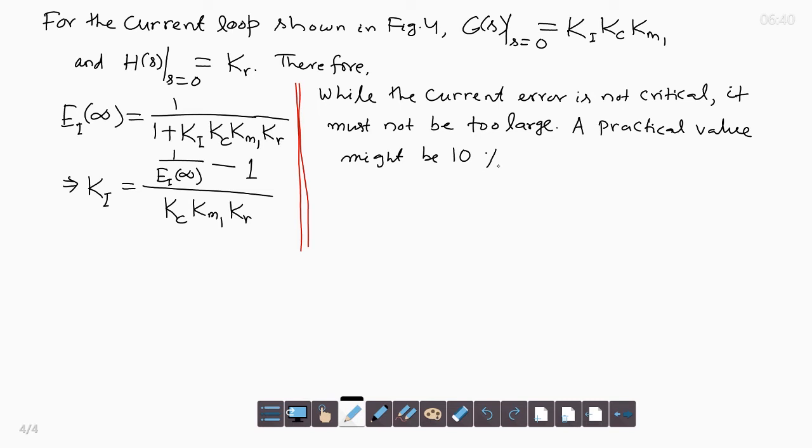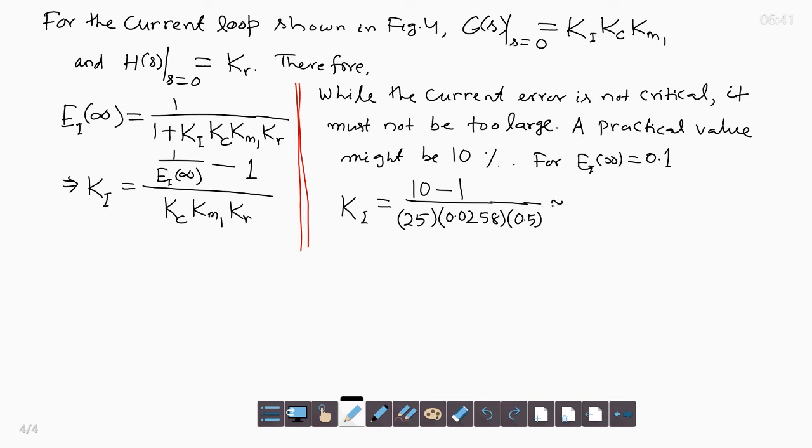While the current error is not critical, current can have larger error, still it should not be too large. So practical value of steady state current error is 10%. So for 10%, EI infinity is 0.1. Corresponding to that, current controller gain KI is reciprocal of 0.1, which is 10, minus 1, divided by the gain KC which is 25, and KM1 is 0.0258 and KR is 0.5.